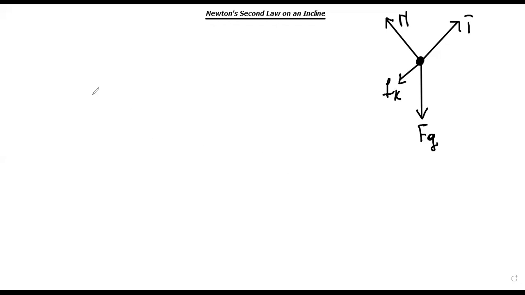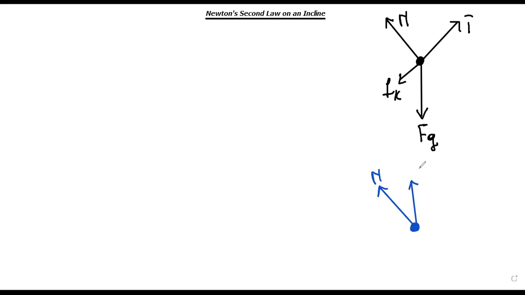Now, what about for block Q? Let's look at Q. So this is how block Q looks like. And then you'll say, okay, once again, the normal force doesn't compromise, so it's going to be perpendicular to the surface. And then you say, there's going to be a force that is acting at an angle, which is the applied force, yes?